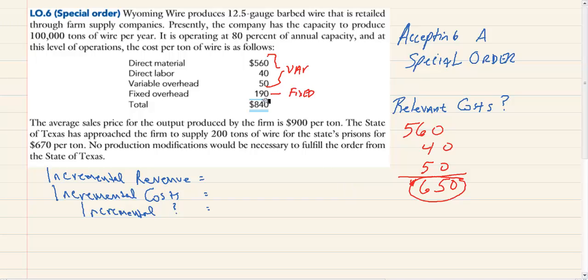That $190 is not relevant because we would incur that anyhow. Whether or not we accept this order, our fixed overhead is still $190 since we are below capacity. So that is an irrelevant number. I'm going to put right down here an incremental cost of $650 per ton.